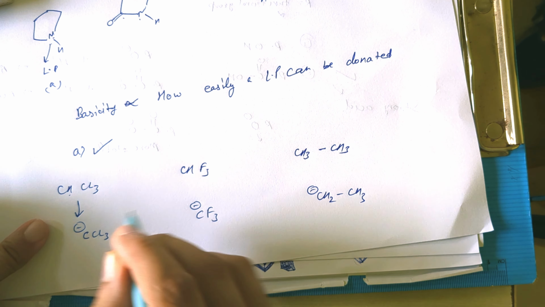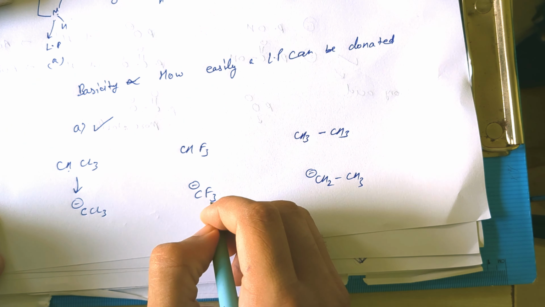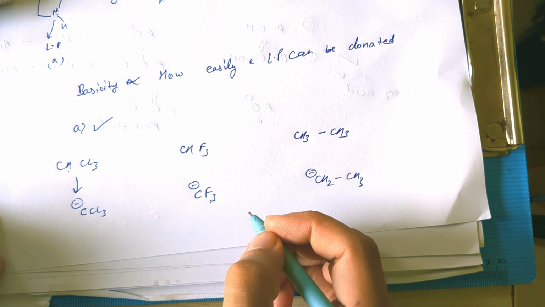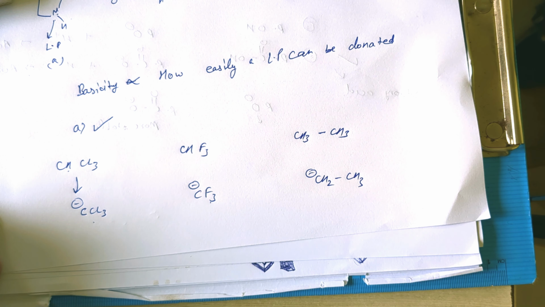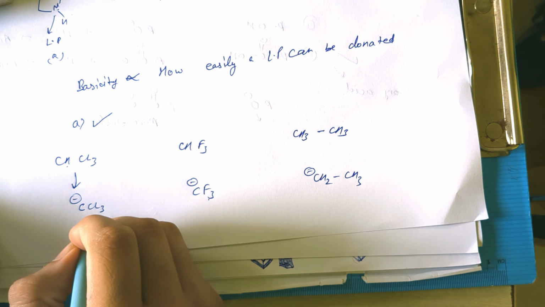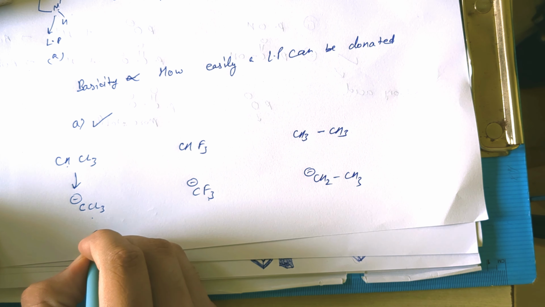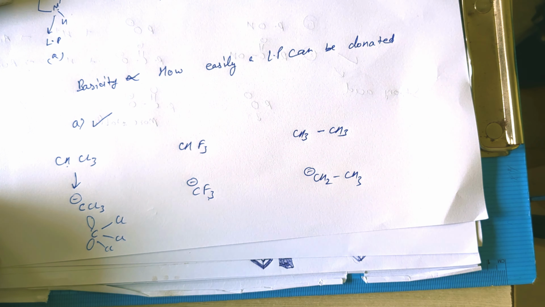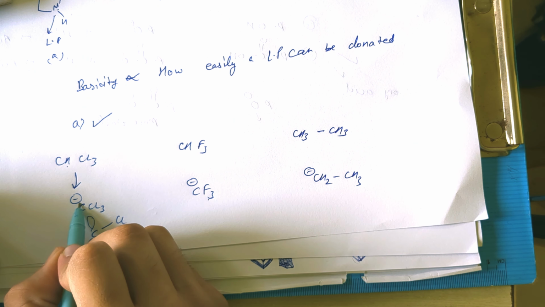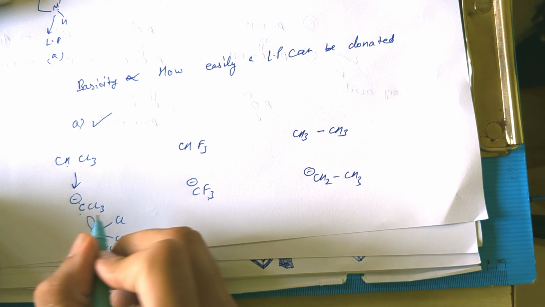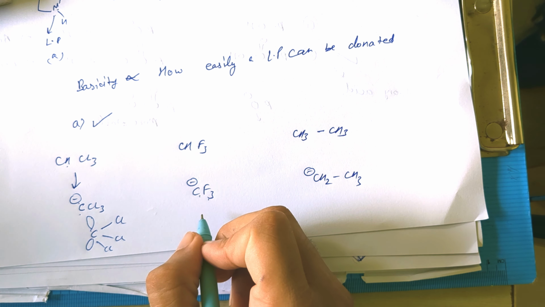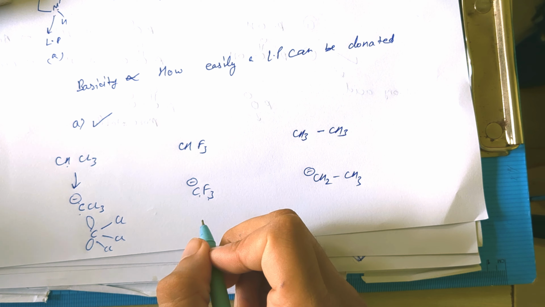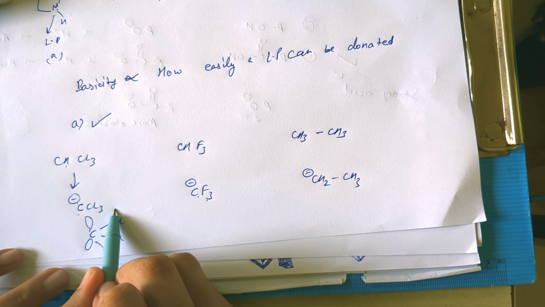Negative charge, negative charge. Now fluorine has an absence of vacant d orbitals, but chlorine has vacant d orbitals, so we can say it has vacant orbitals, so easily the negative charge will be more stable here. But as in fluorine there is no vacant d orbital, that's why it is less stable than CCl3 negative.